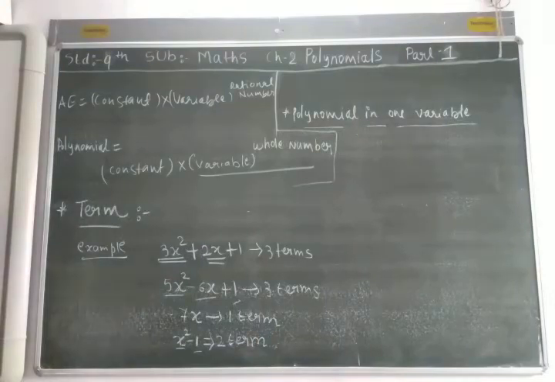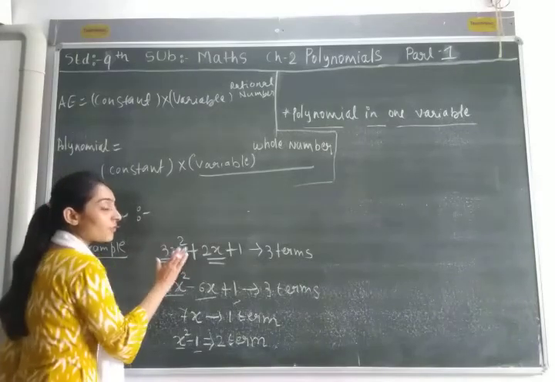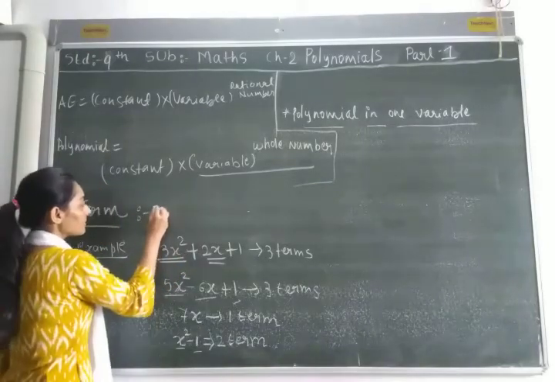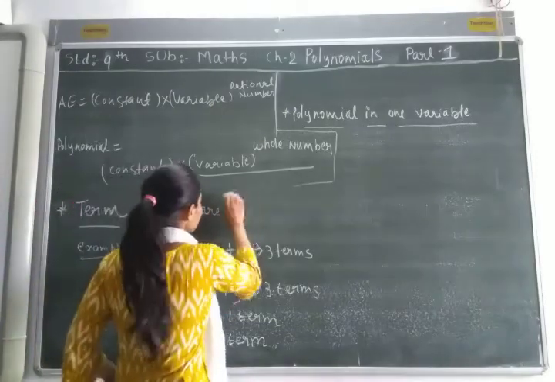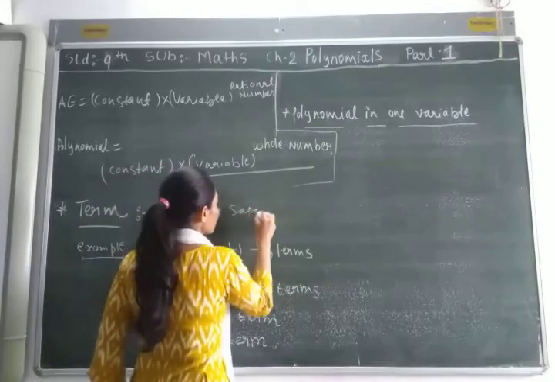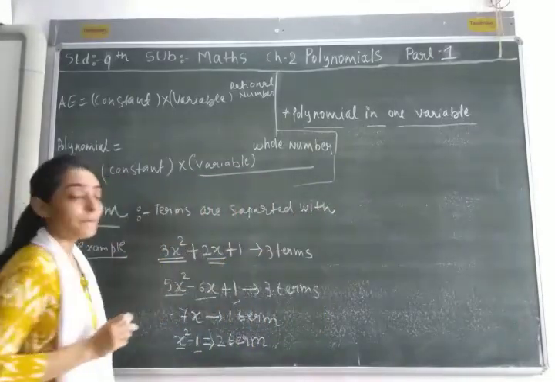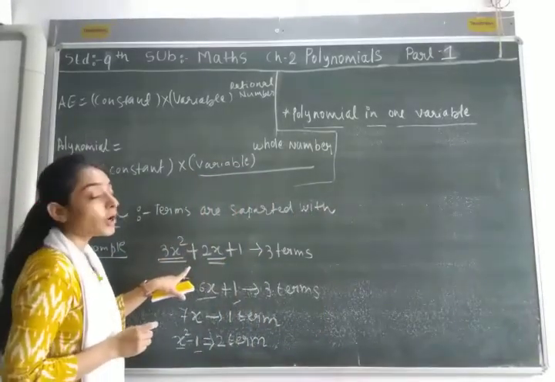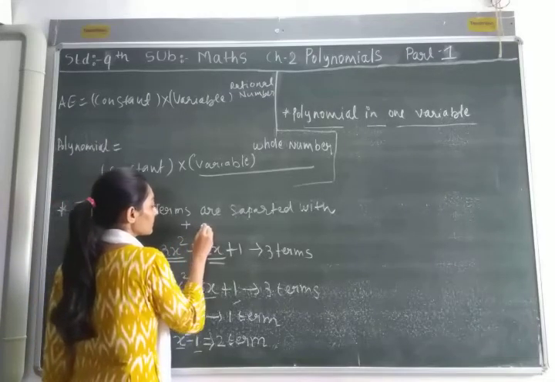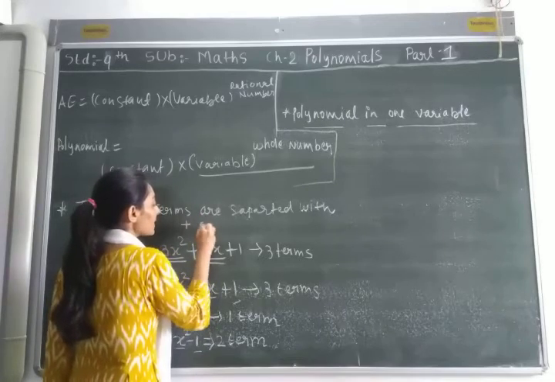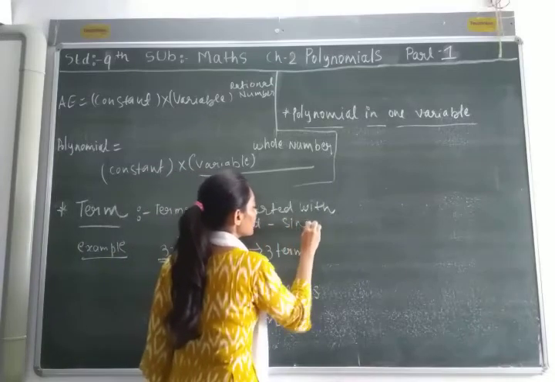So a term is a combination of constant and variable, and terms are separated by either a plus or a negative sign.